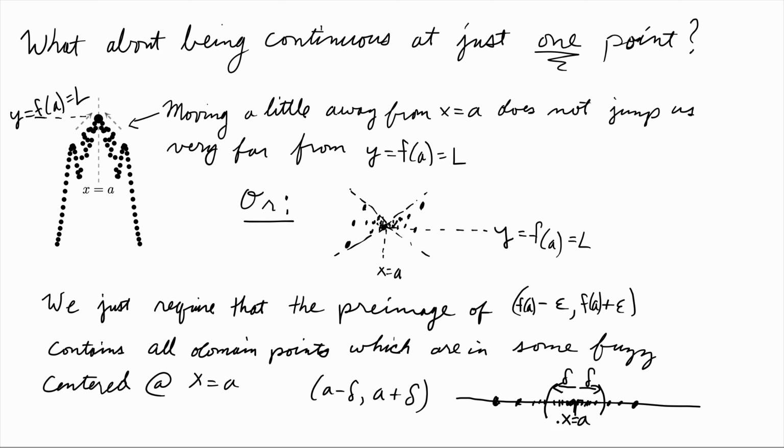All right, so basically everything in here needs to map up or have an image inside of there, and that's going to be our description of what it means to be continuous.